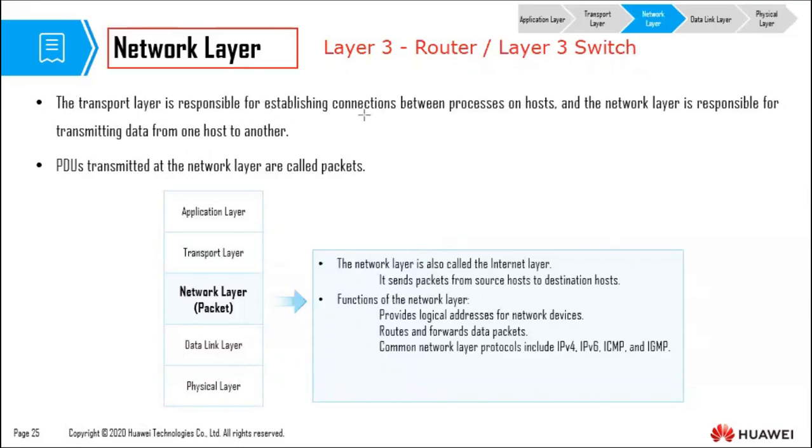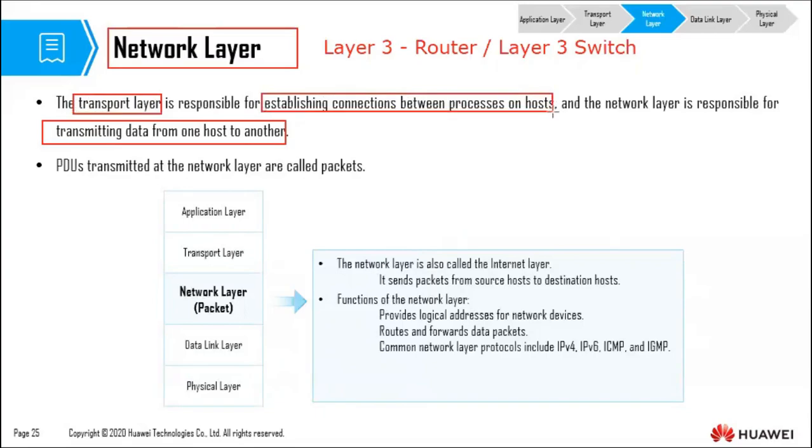So the transport layer is responsible for establishing connections between processes on hosts, and the network layer is responsible for transmitting data from one host to another. Transport layer: establish connection between processes on the host using the port numbers, TCP and UDP port numbers.